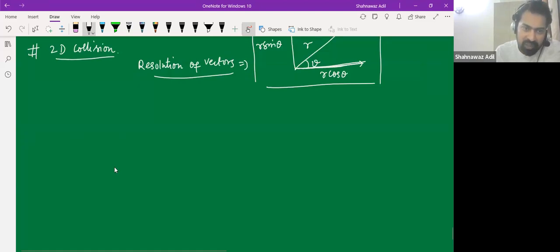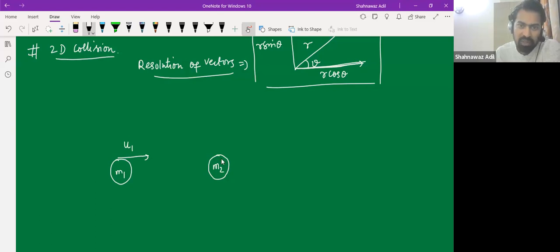So we have this object which is moving. Let's say its mass is m1, and it is moving with velocity u1. And then we have this stationary object whose mass is m2, and this object collides with it, but the collision is not head on.